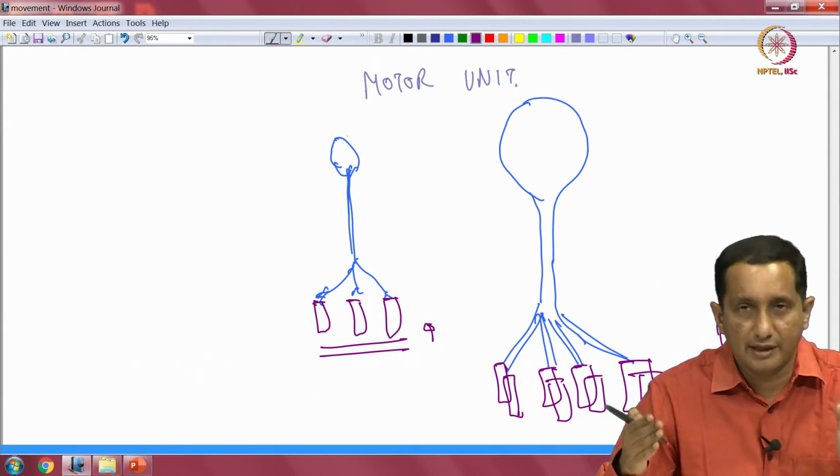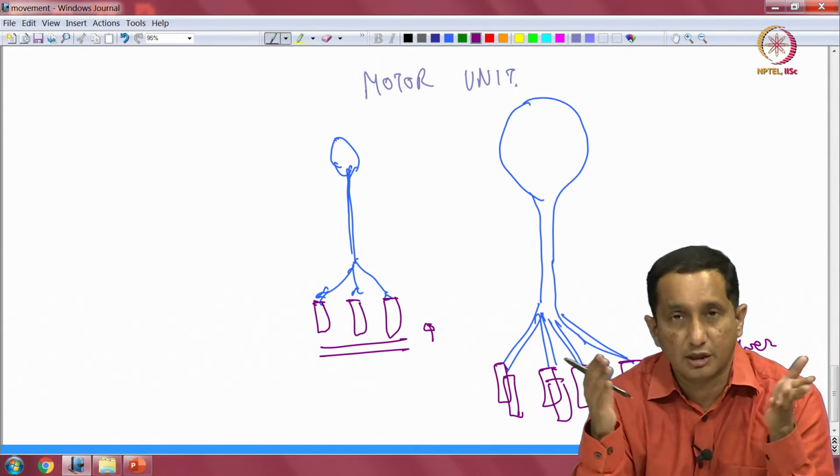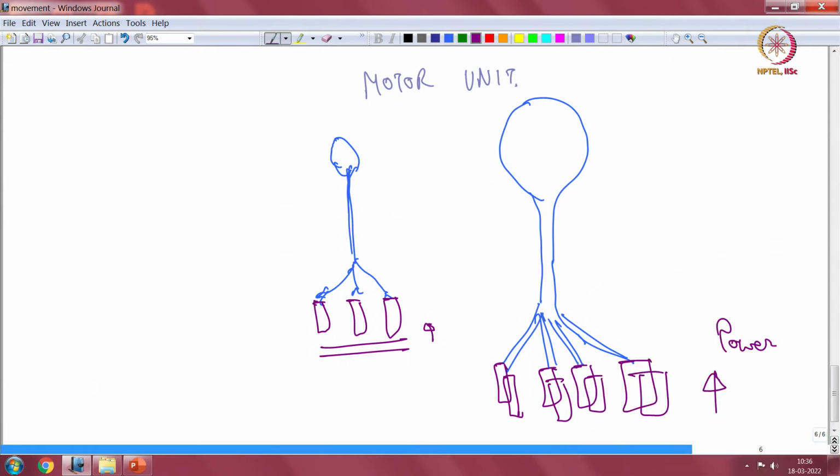So, you have a biological mechanism of having different activities mapped onto different kinds of neurons. What does that mean? Suppose you have a single neuron which is generating the activity, and this particular neuron has a very fine task which requires a less or precise amount of power.